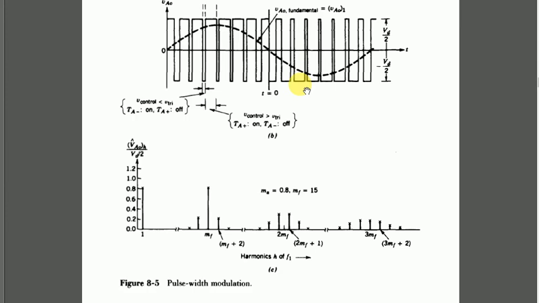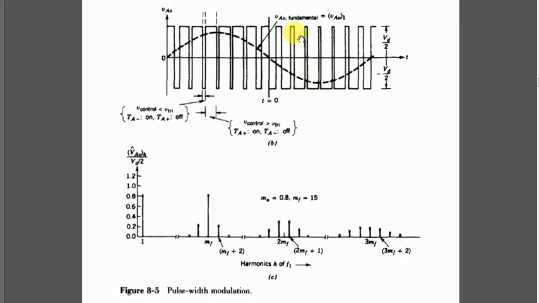We have visualized this dashed line to be the fundamental component of this output voltage, and we are assuming that this can be achieved with the help of some proper filtering.